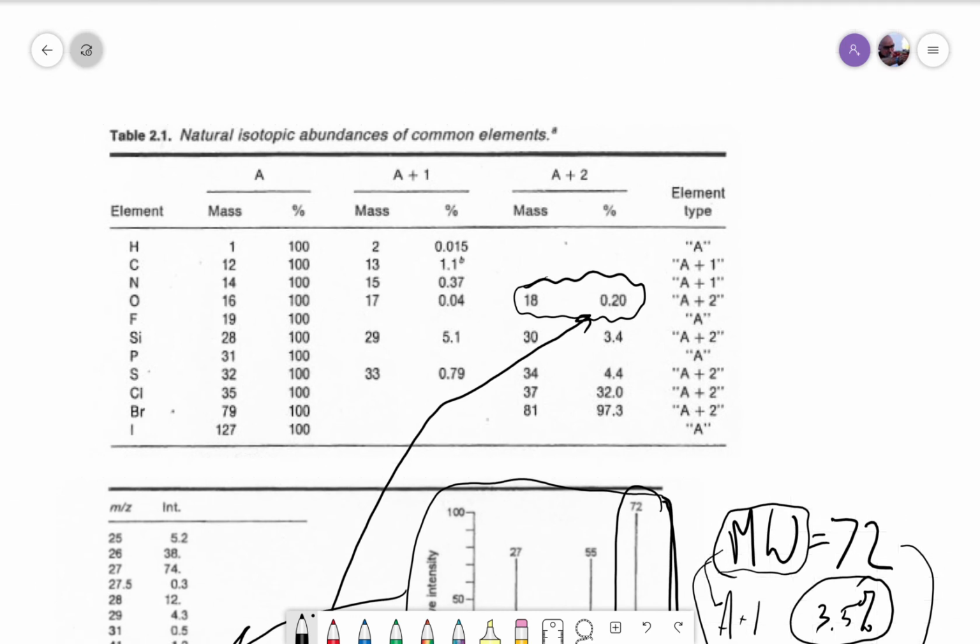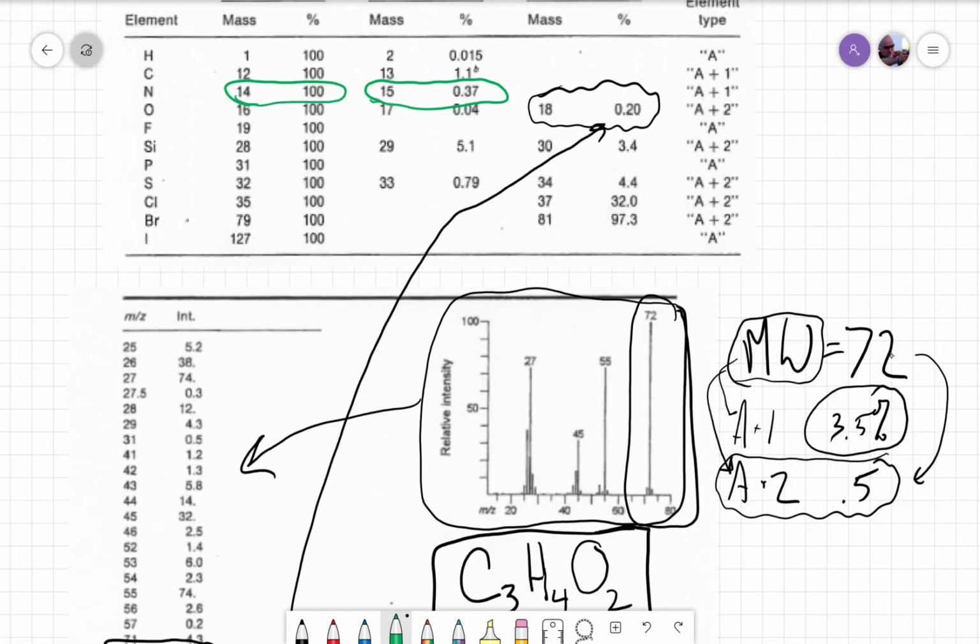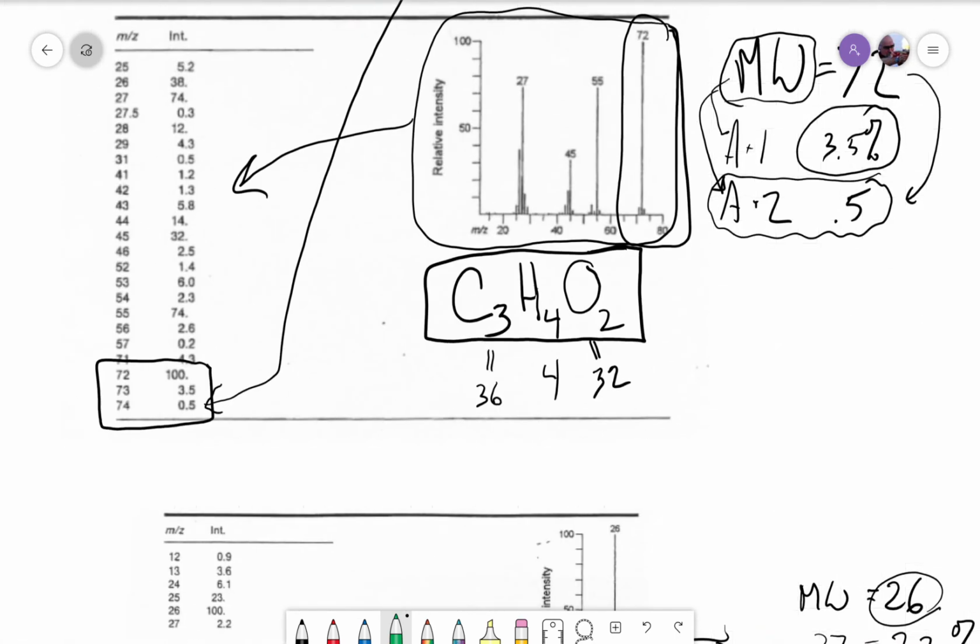If we go back and look, nitrogen is going to have a molecular weight of 14 normally, and an A+1 of an additional 0.3 or 0.4%.